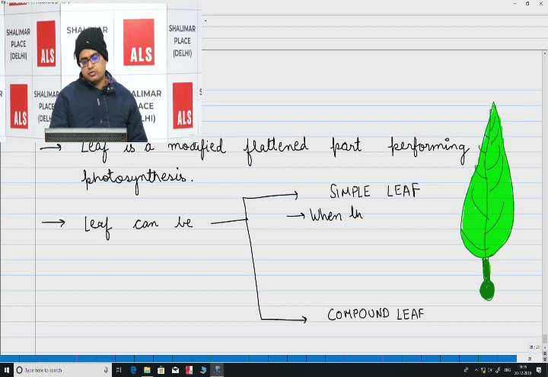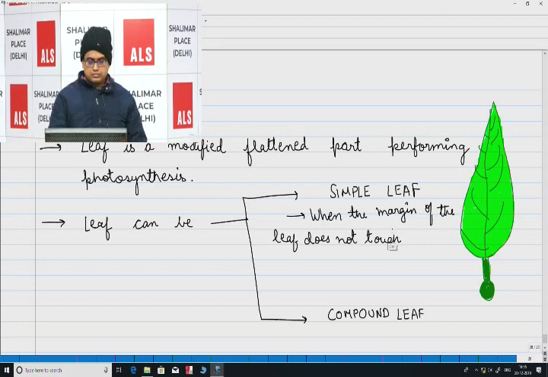When the margin of the leaf does not touch the midrib, it is called a simple or undissected leaf.